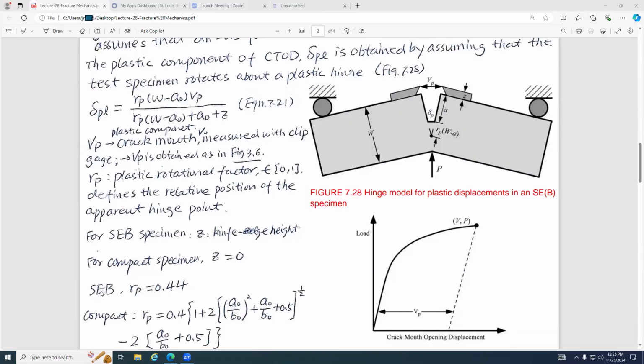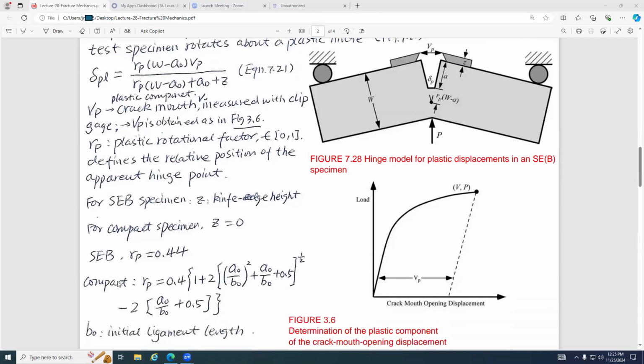But for SENB, RP equals 0.44. For the compact specimen, there is an equation we need to follow to calculate RP, the position of the hinge point. You need to look at these two equations, which are given in ASTM 1820, but I'm giving them to you now.